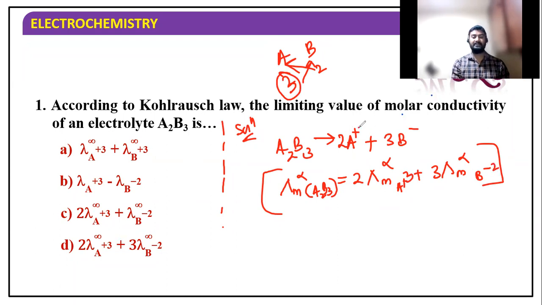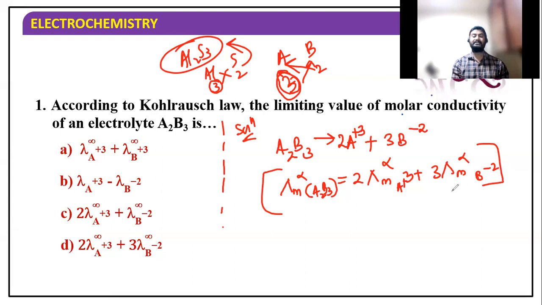That's how we got it, right? Crisscross. Like for example, Al2S3. How did we get this? Because we had aluminum 3 plus and sulfur 2 minus, which cross multiplied to give the answer. Similarly, here also it will be A3 plus and B2 minus. So this is the exact answer.